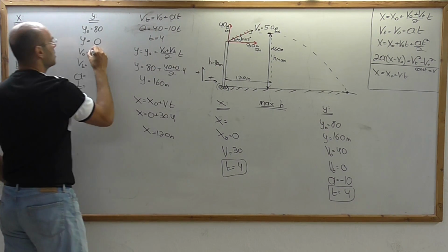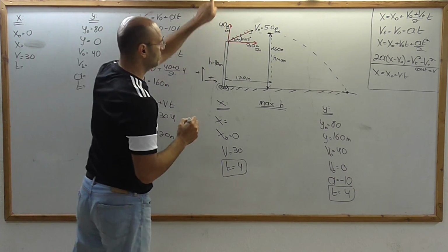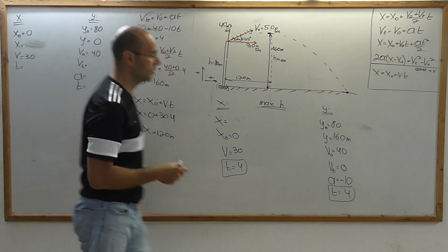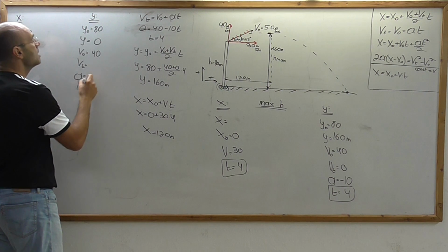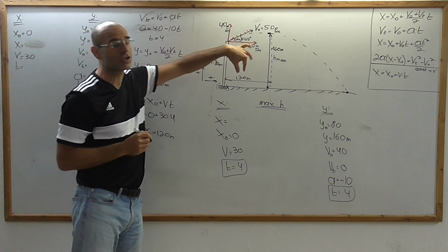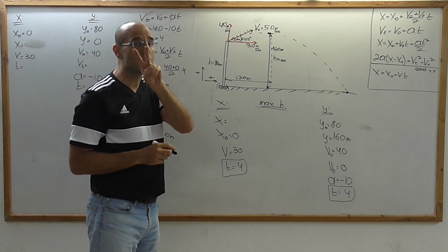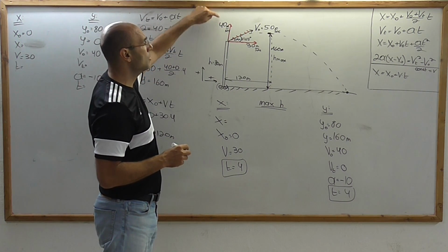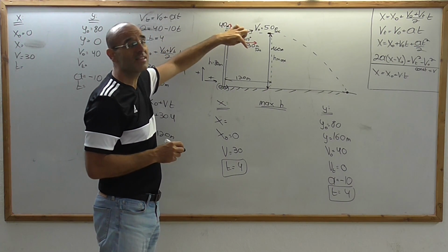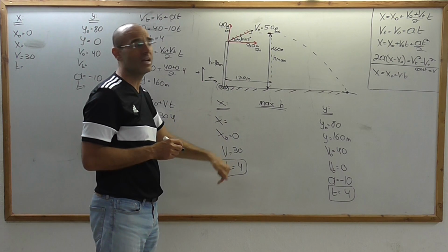V0 is 40, this direction, positive direction. V final, I don't know the final velocity. A is always minus 10, even though it changes direction. The minus 10 does 2 things. It slows it down in the positive direction, and then it accelerates it in the negative direction.